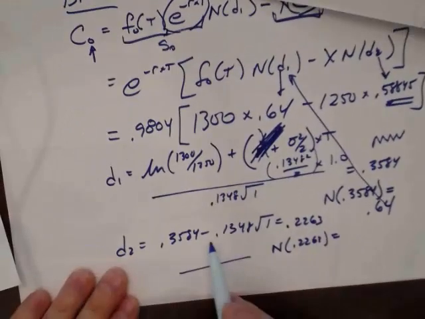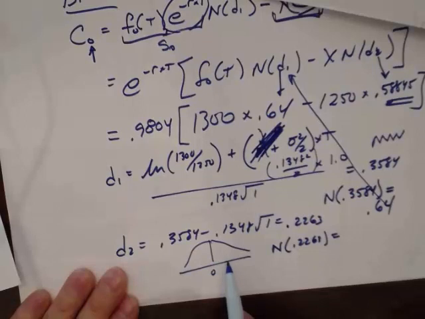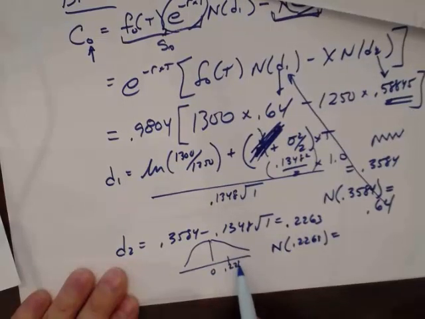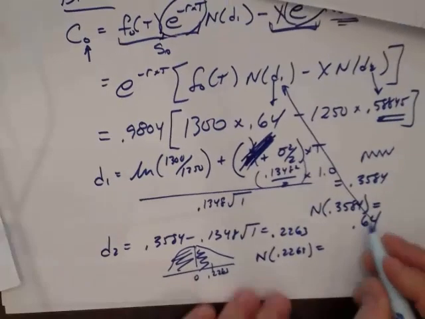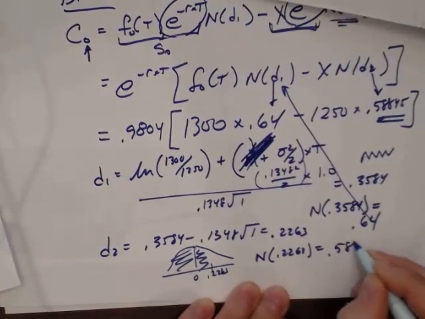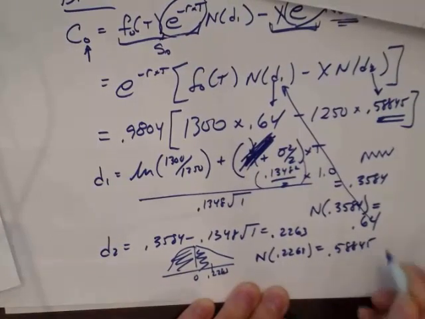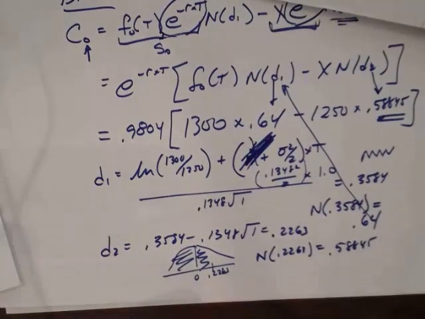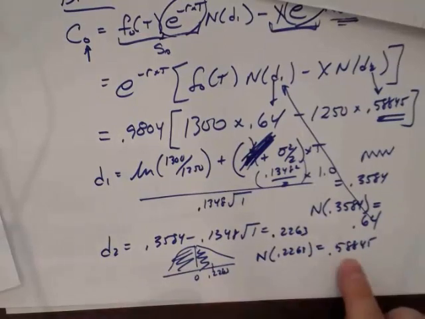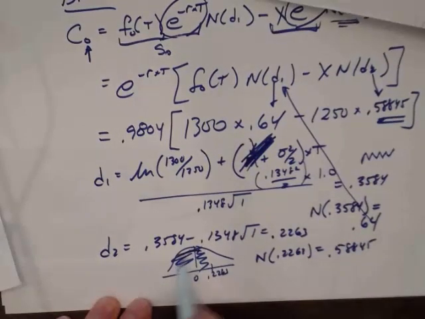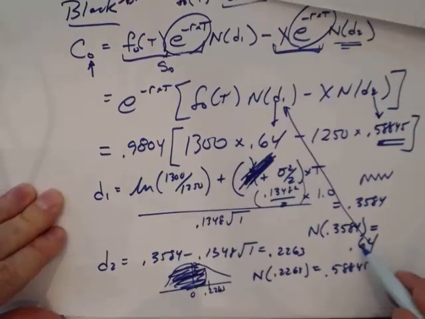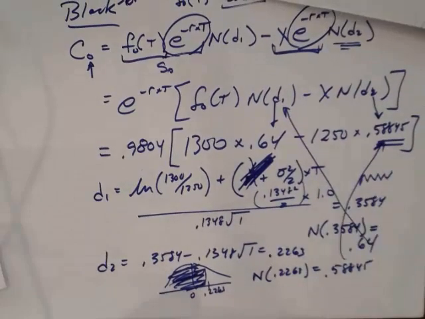Recall you have this normal distribution centered at 0. If we're at 0.2263, we have to be 50% plus a little bit more, and it turns out to be 0.58845. Almost 59% is the cumulative area under here, and that matches up with that number.